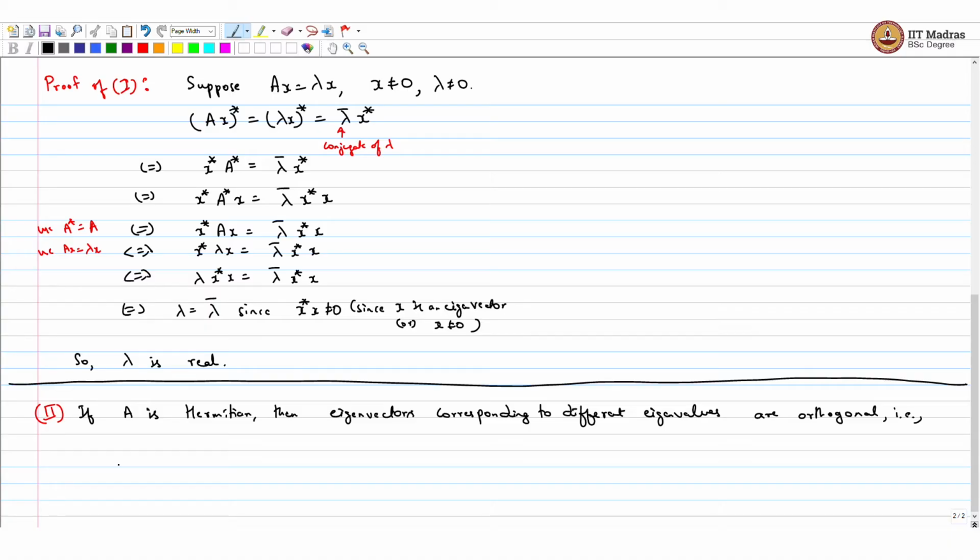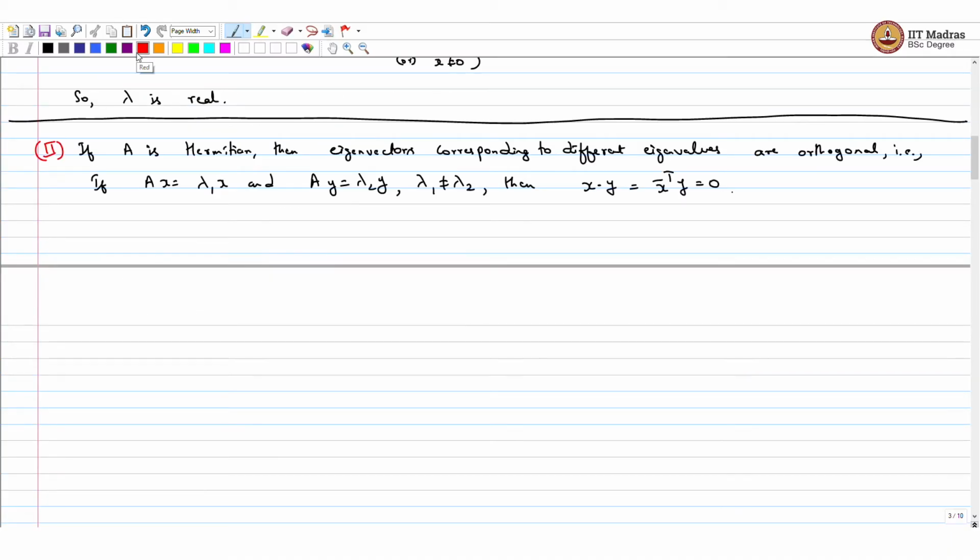That is, if Ax equals lambda 1 x and Ay equals lambda 2 y, lambda 1 not equal to lambda 2, then x dot y, which is x bar transpose y, is equal to 0. So that's the dot product in a complex vector space.